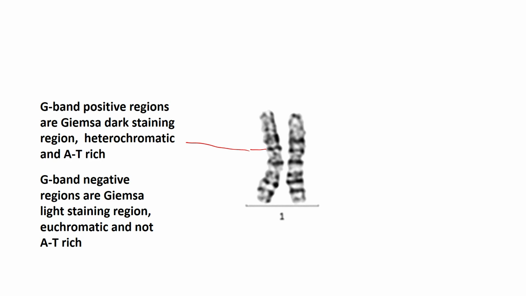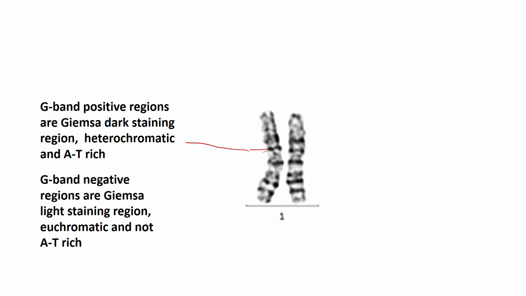That is why I said these regions are heterochromatic and AT rich. Usually most heterochromatin, except in some organisms, is AT rich.